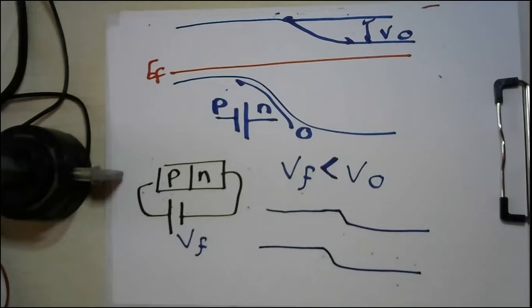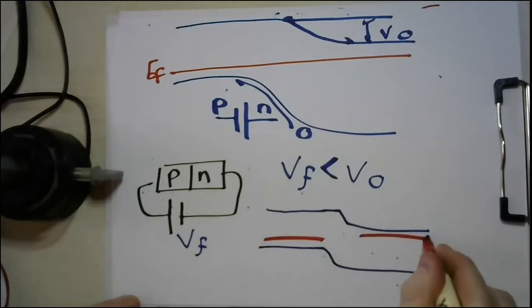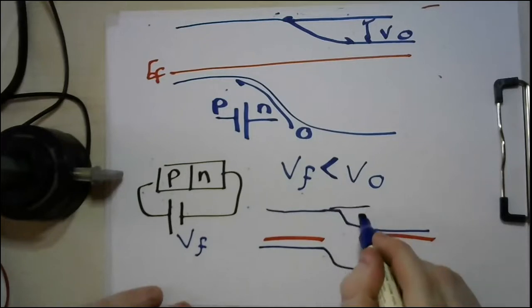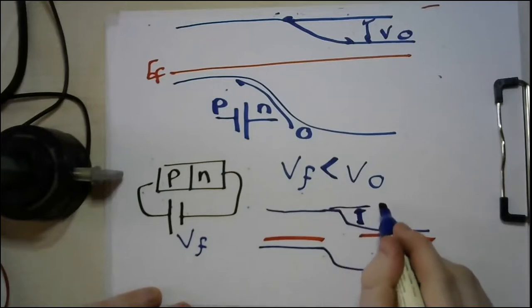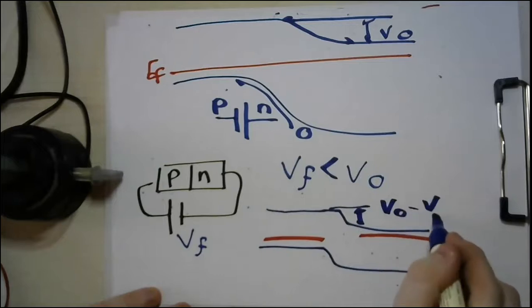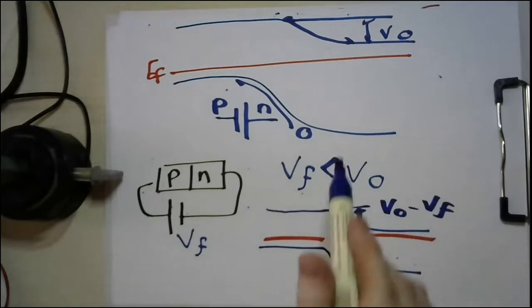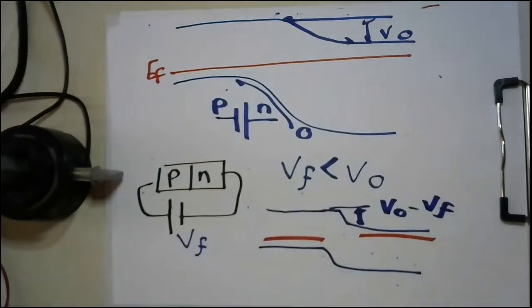And again, my dear student, the Fermi level is no longer flat. It will become split into two Fermi levels. Now your new height is V node minus VF. You reduce the height of this voltage, and it becomes V node minus VF.